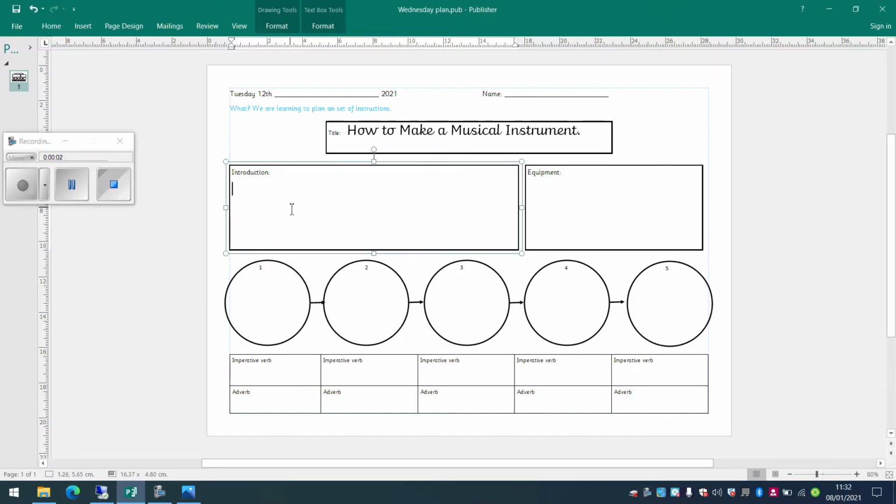So the next part is the introduction. So in an introduction, it's a good idea to write a question, because it means the person reading your writing answers that question in their head and then they want to carry on reading. So I'm going to start mine with, have you been eating lots of chocolate? With a question mark at the end.